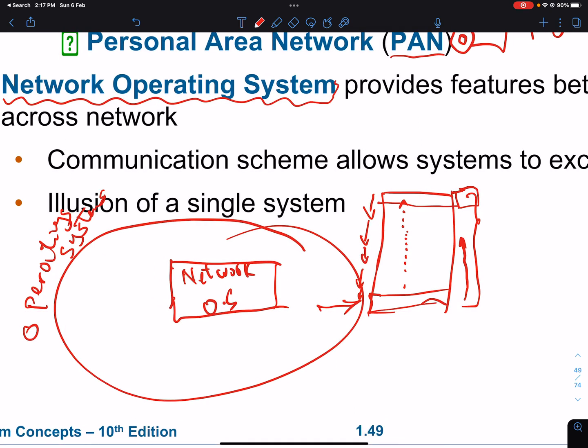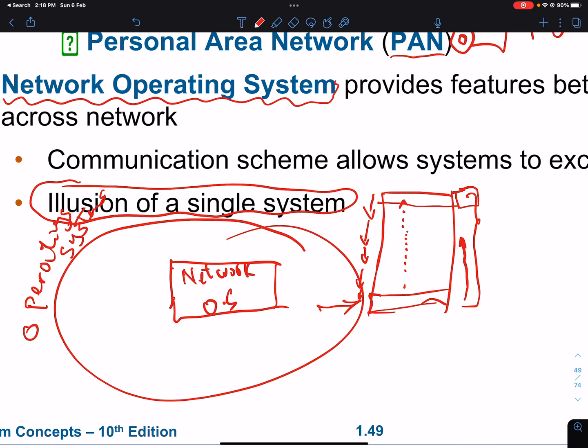This is a very, very important statement: illusion of a single system. Here in Kuwait, you're chatting or communicating with someone in Australia, and another one in Canada, and another one in Norway.